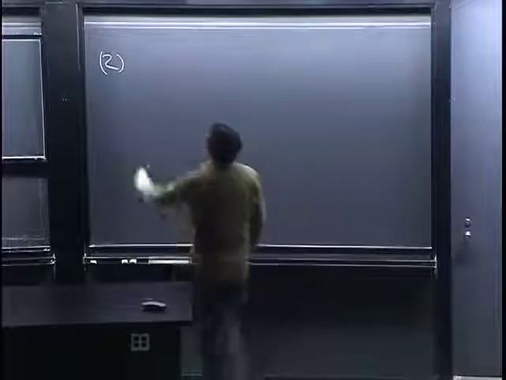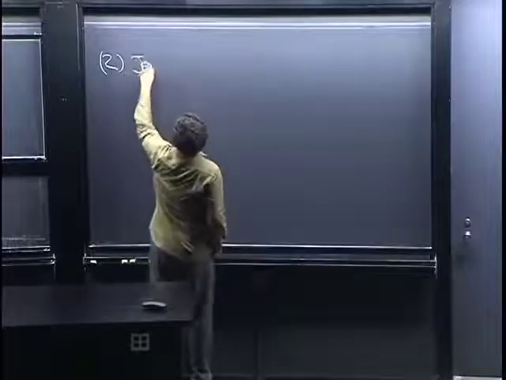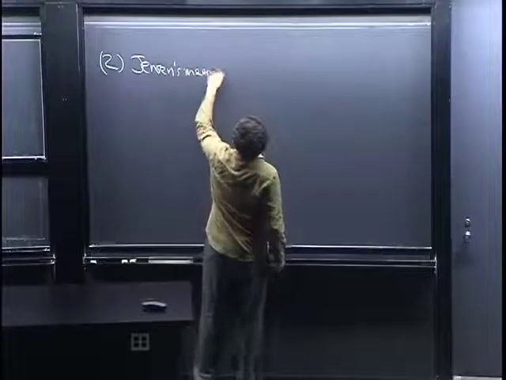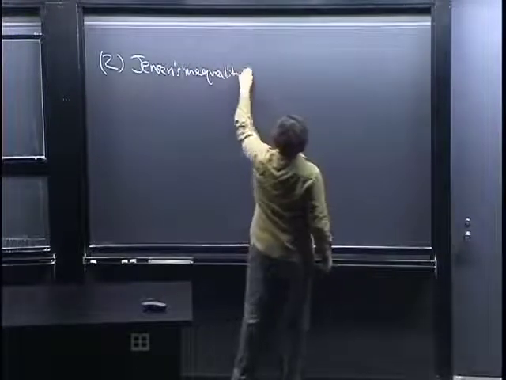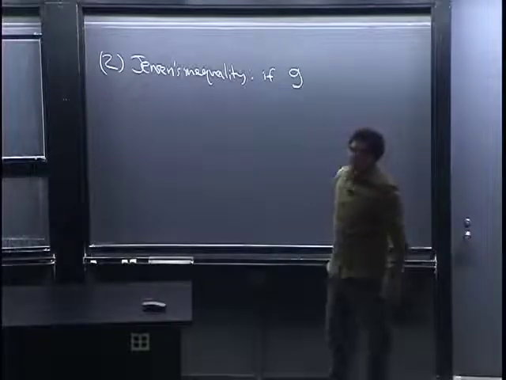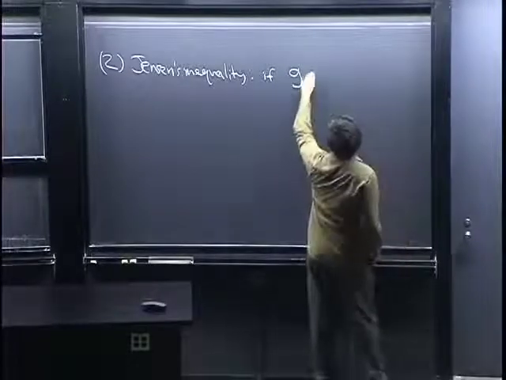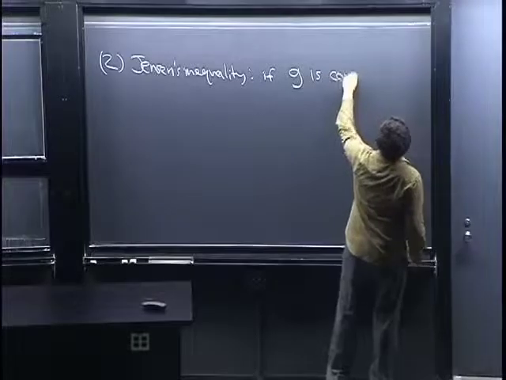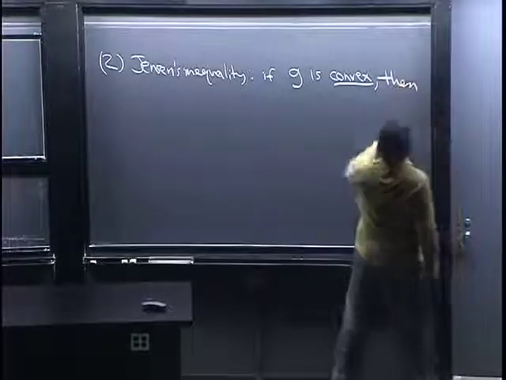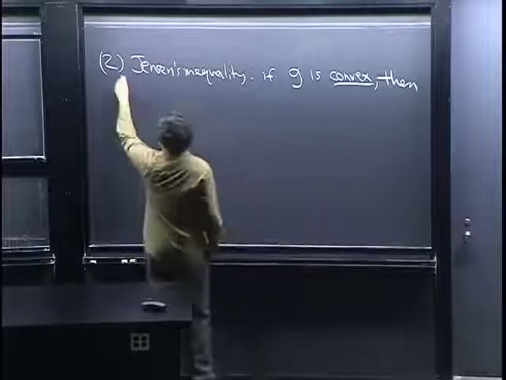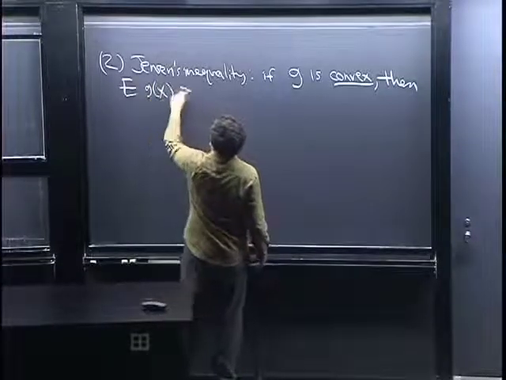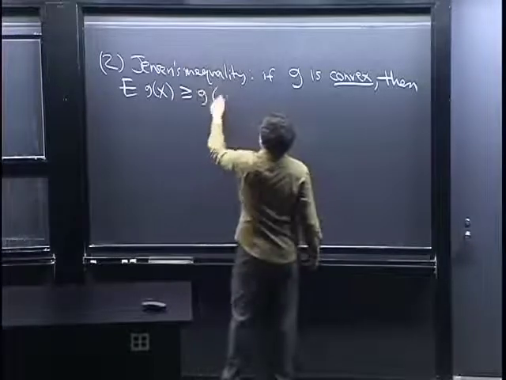So Jensen's inequality says that if lowercase g is a convex function, and I'll remind you what that is, then for any random variable x, the expected value of g of x is greater than or equal to g of the expected value of x.